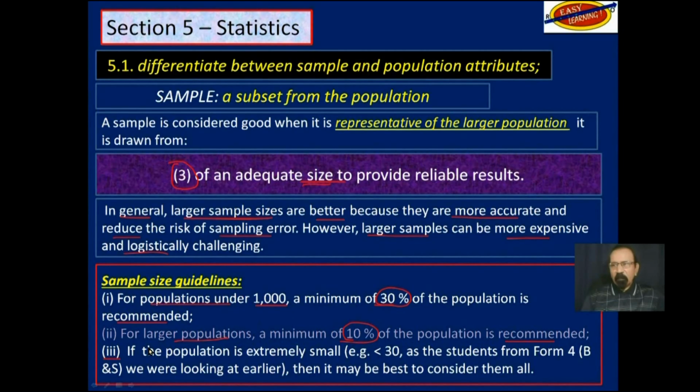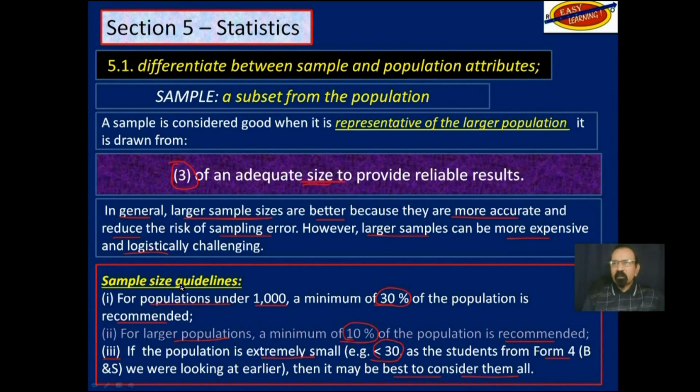And thirdly, if the population is really, really small, as in the less than 30 students we had in the marks we were looking at from Form 4 Business and Science, then it may be best to consider them all. You're not going to pick 5 students out of 30. Take all 30. However, if you have, let us say, 500, you take 30% of that. So that is the sample size.